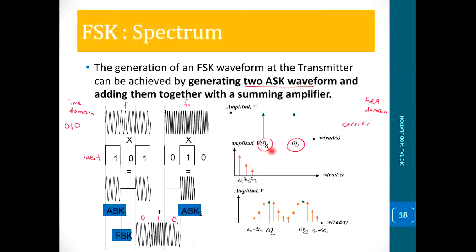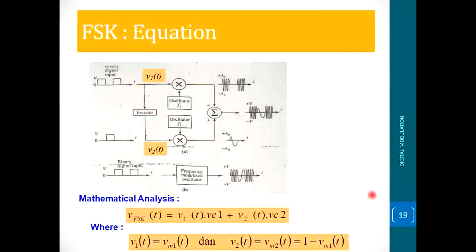We have omega C1 and omega C2, and then this is the frequency of the information signal. Because this is a digital signal, we have three bits here, and we have three spectrum lines here, and combining both we have this frequency spectrum of the FSK. Okay, this is how we reproduce it.